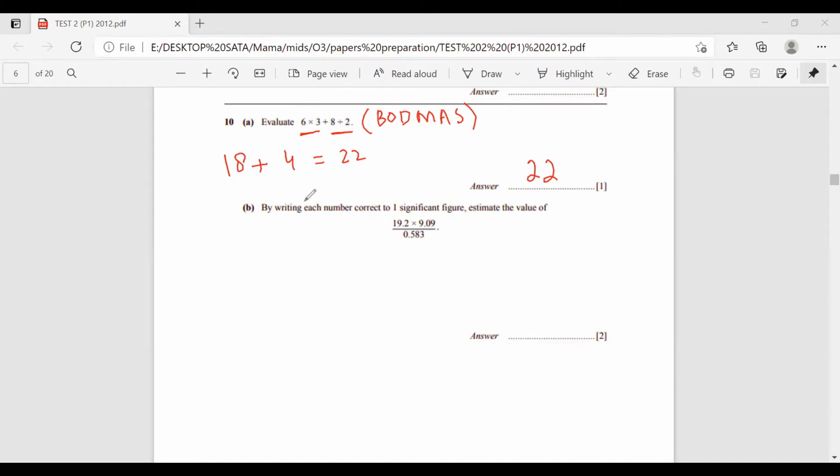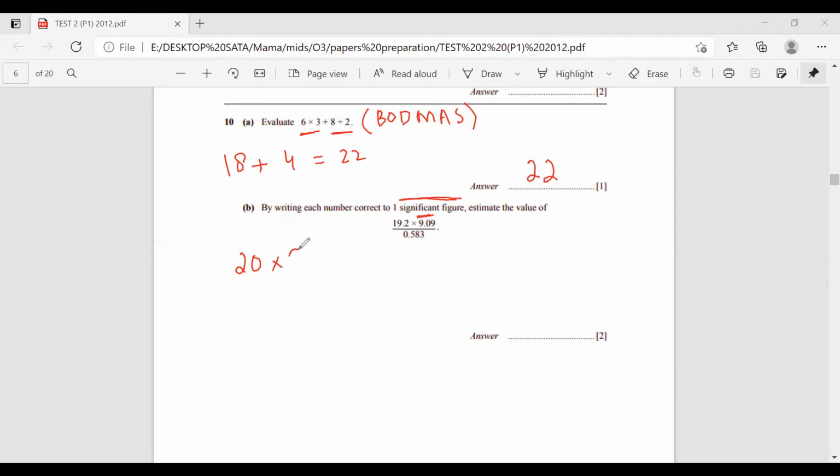Moving on towards part B, by writing each number correct to one significant figure, estimate the value of this. You must know what a significant figure is. In the previous class, we discussed that significant figures are the non-zero numbers. 19.2 is greater than 19, so I have to convert it into one significant figure, which is 20, multiply by 9.09, which is 9 in one significant figure.